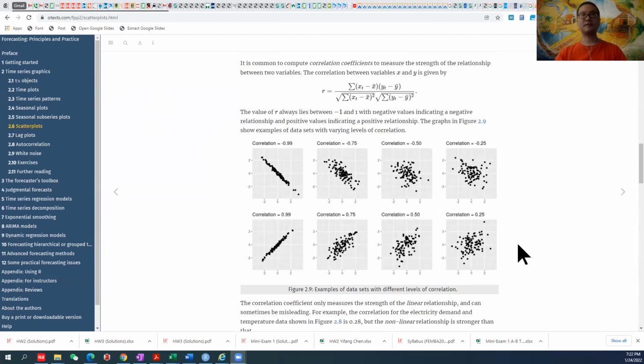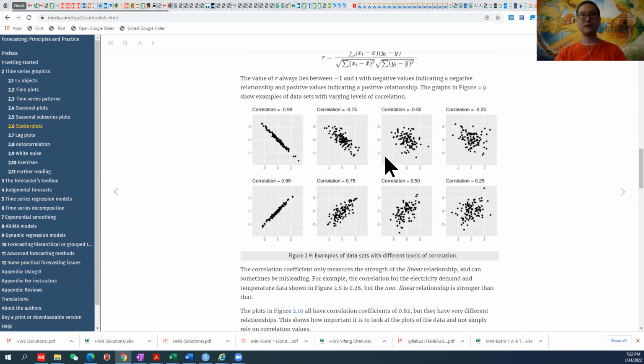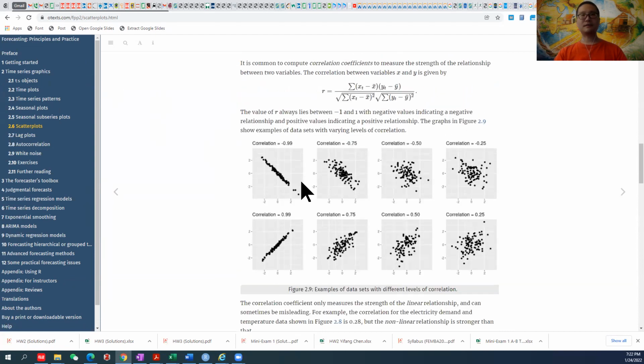And in a section, it shows us some examples of correlation. These are scatter plots with the independent variable on the horizontal axis and the dependent variable on the vertical axis.